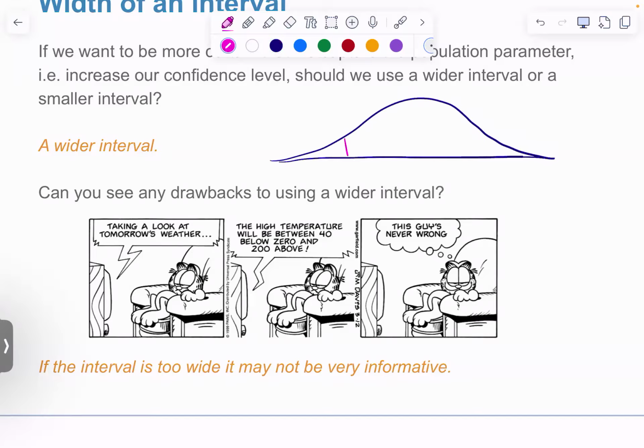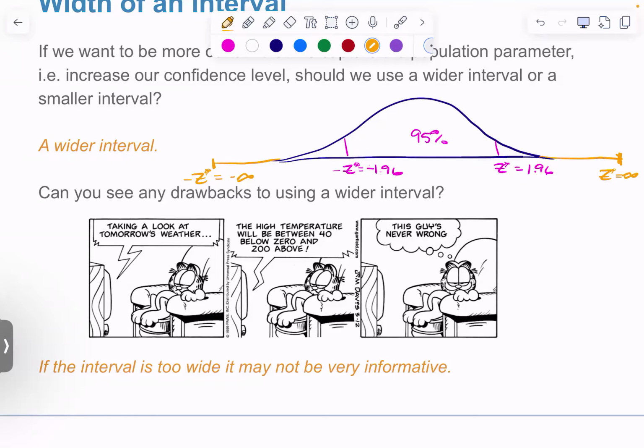Remember, for our 95% confidence interval, our negative Z star and our Z star were negative 1.96 and 1.96. If I wanted to push this out, make it wider to 100%, negative Z star would be negative infinity, and positive Z star must be infinity.